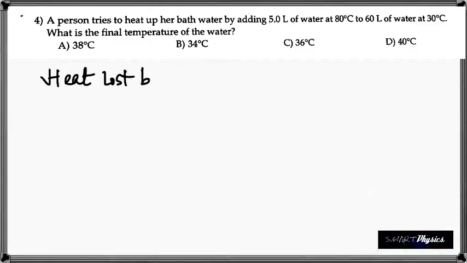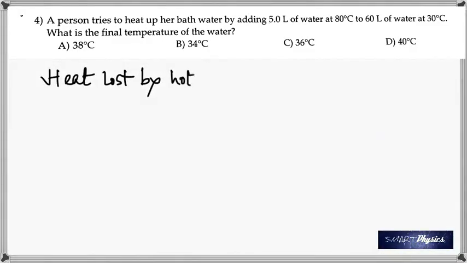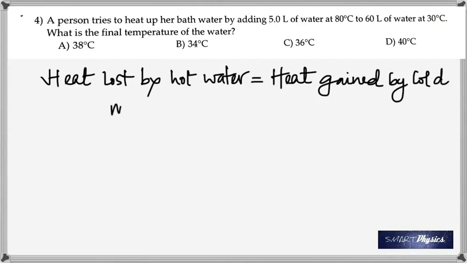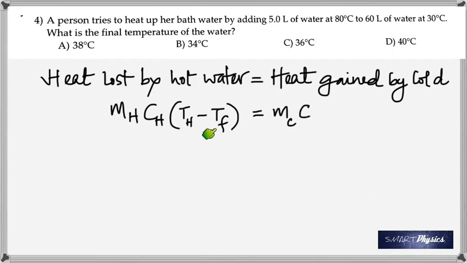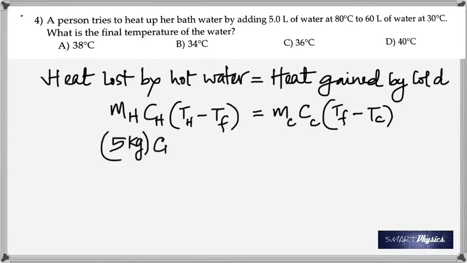So the hot water loses heat, and the formulas for both are mass times specific heat times the change in temperature. So heat lost is equal to heat gained. Be careful when you put this, you got to have the bigger temperature minus the smaller one. Mass of hot water is 5 kilograms.